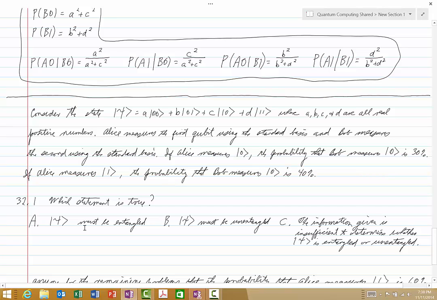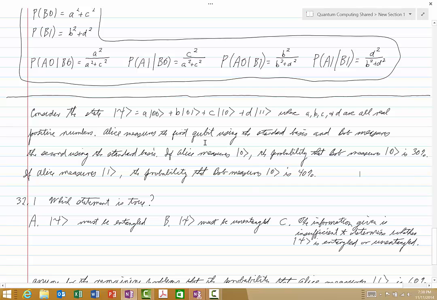And the answer is A. And the reason for that is that the probability that Bob measures 0 is different if Alice measures 0 from what it is if Alice measures 1. It's 30% in one case and 40% in the other.